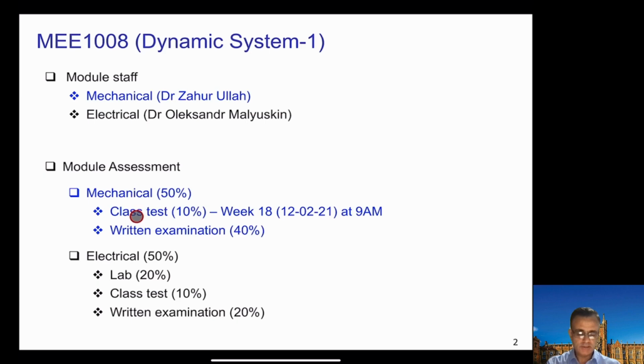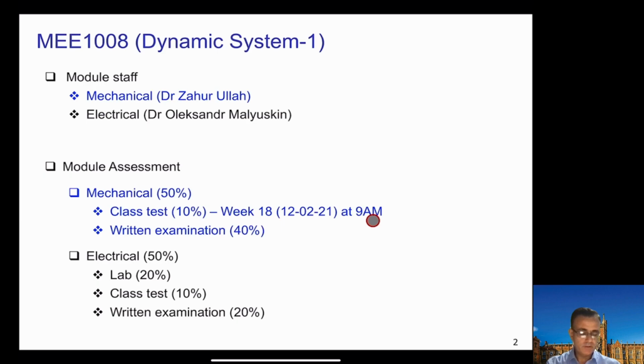So one is the class test, which will be 10%, and the class test will be in week 18 of this semester. And the exact date for the class test is given here, and the class test will be at 9 a.m. This will be an online test.